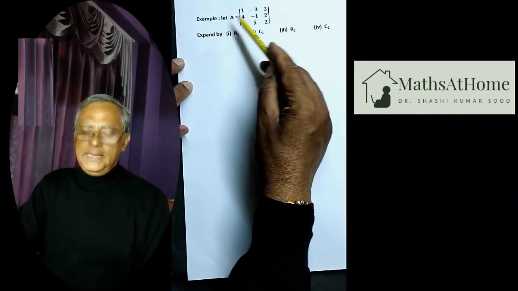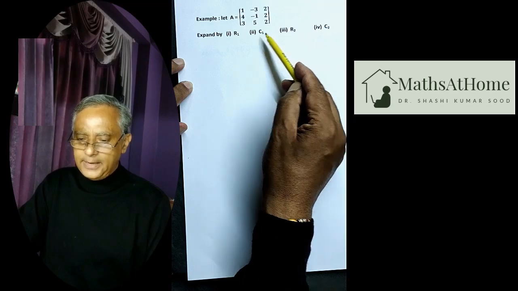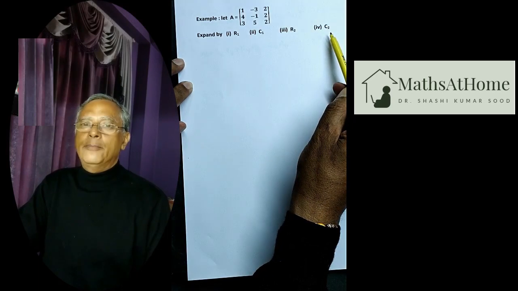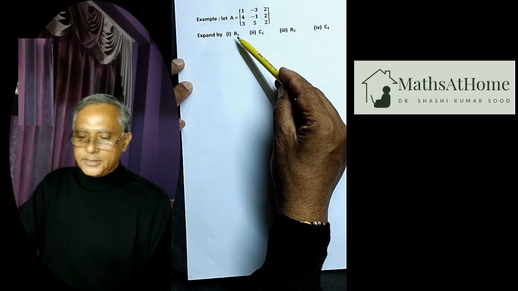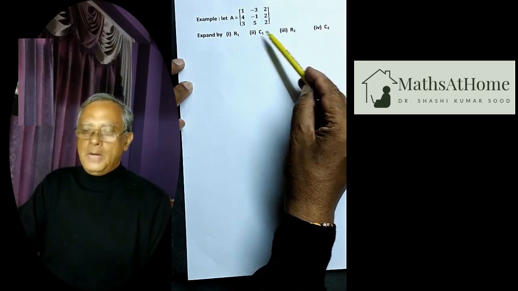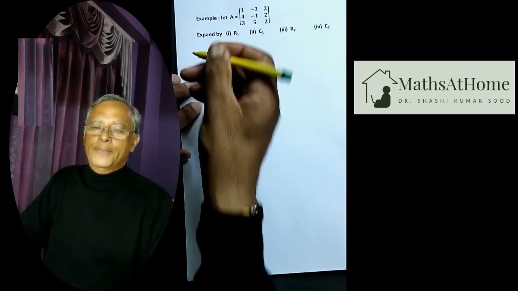The first example is: A is equal to this much. We have to expand it by R1, then by C1, then by R2, and then by C2. And I will show you that the results obtained by expanding it from R1, C1, R2, C2 are all the same.